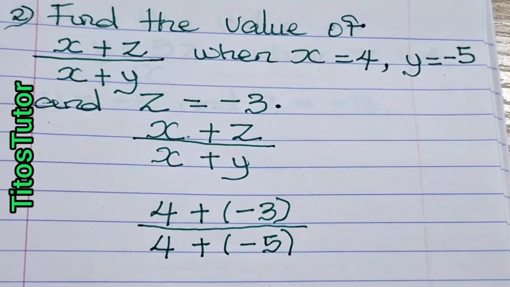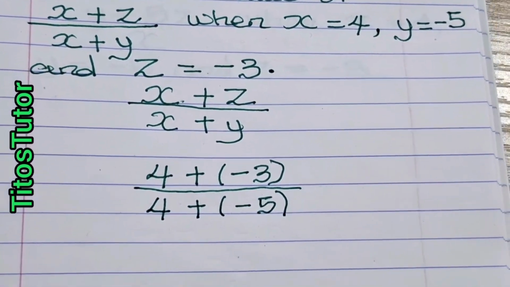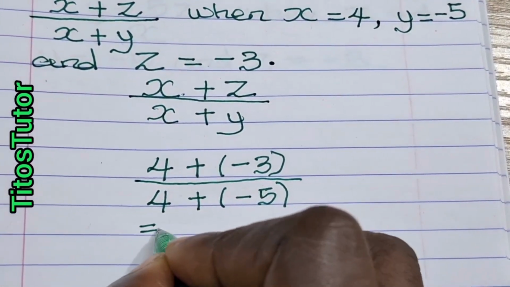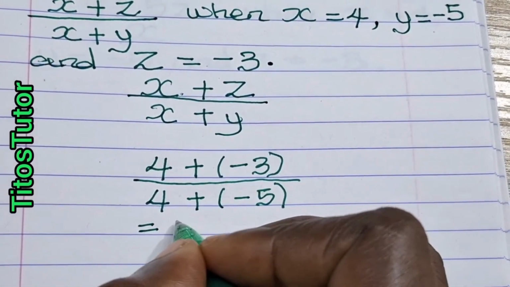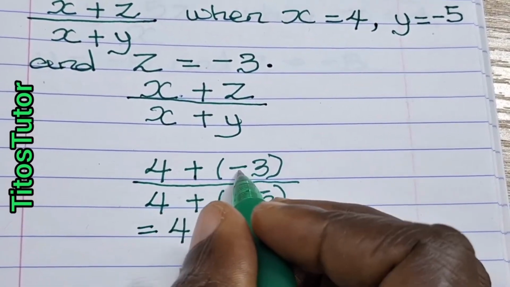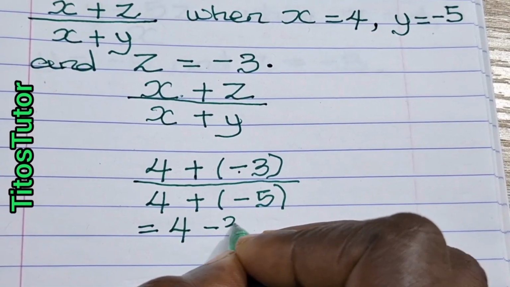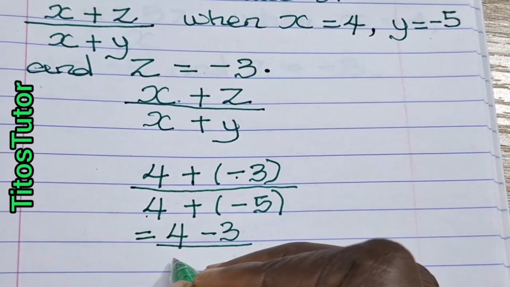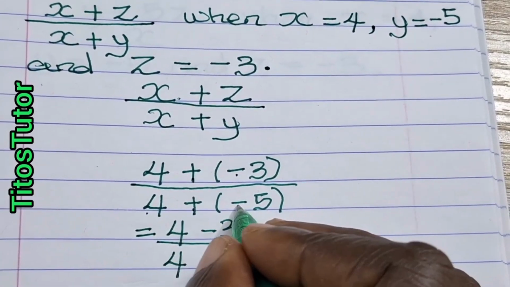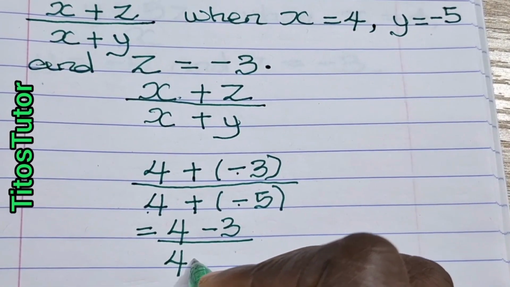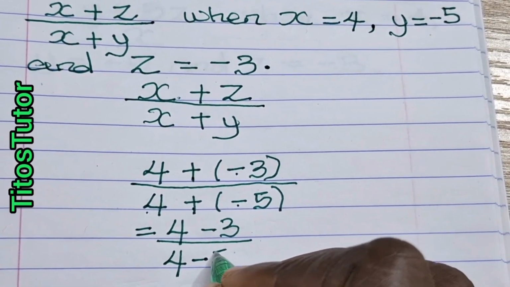Okay, so now let's make sure that our bracket is removed, right? So this is 4. Positive and negative gives me -3 all over 4. Positive and negative gives me a -5.